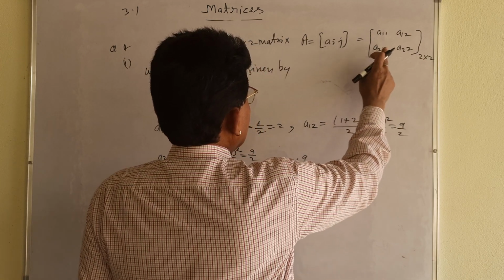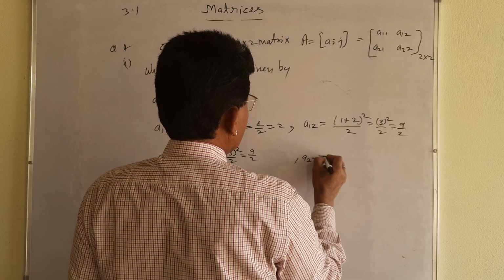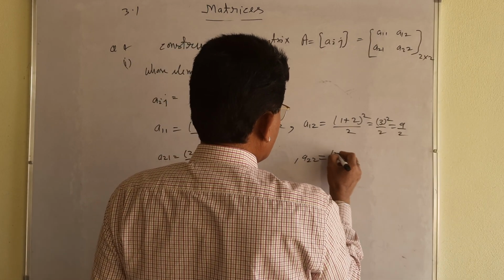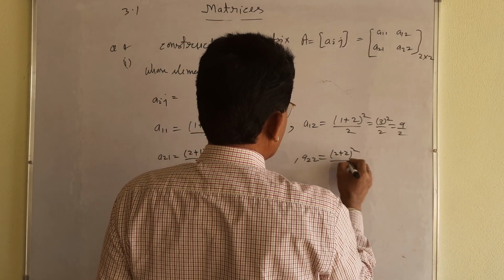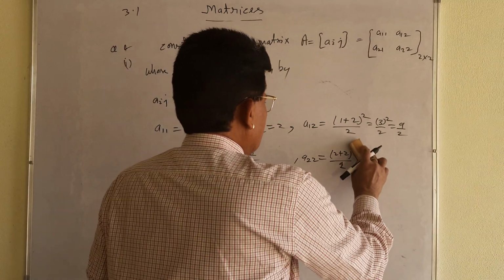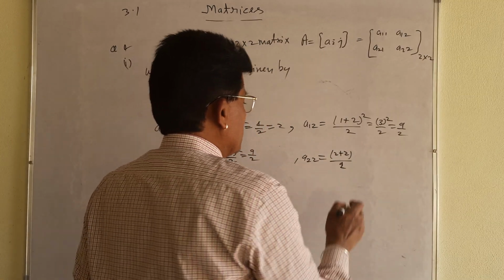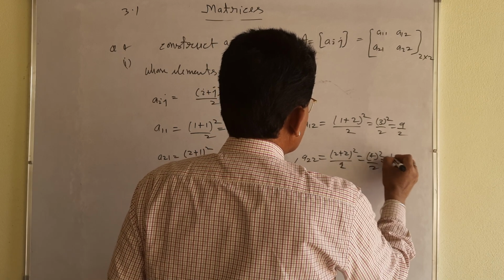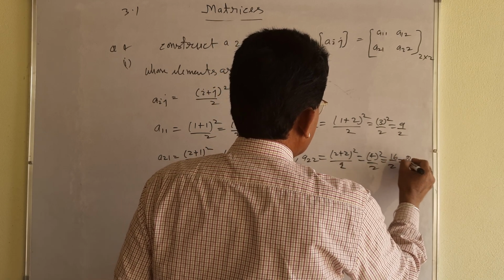Next, A22, I2 J2, 2 plus 2 square by 2. देखिए यहां पर I भी 2 है और J भी 2 है. Okay, 4 square by 2, that is 16 by 2, and that is 8.